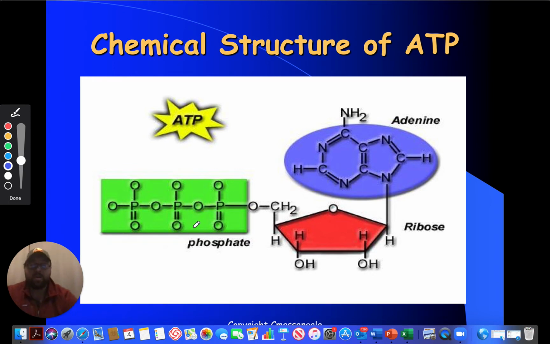So the important thing to understand is when we look at a molecule like this, these lines represent bonds. And we've learned about different types of bonds. The two big ones that always come to mind are ionic and covalent. But in class, we've also learned about hydrogen bonds. And again, all these lines represent bonds. What's important for us to understand is bonds are energy.